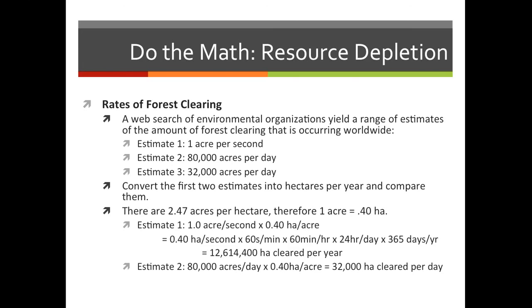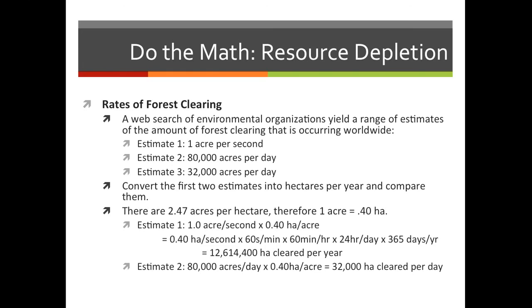So we're going to start off by multiplying 1 acre per second by 0.40 hectares per acre. Acres are going to cancel out, and we're going to be left with hectares per second, and that's going to give us 0.40 hectares per second.